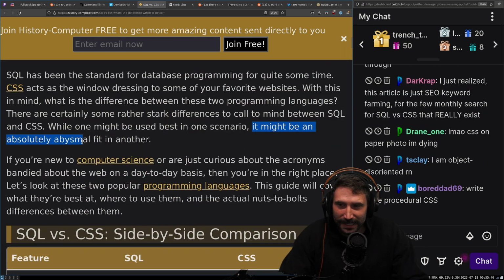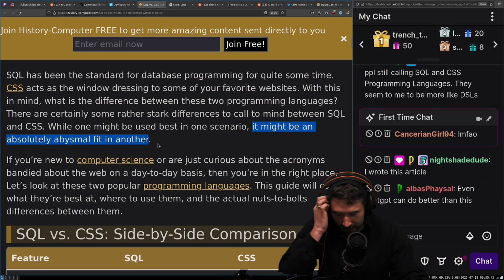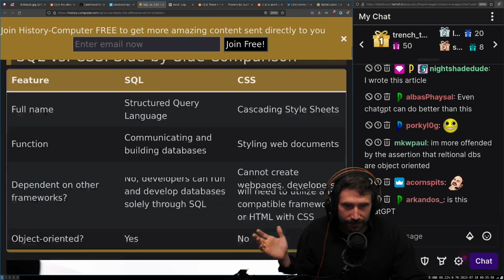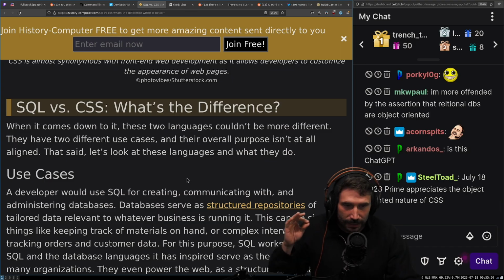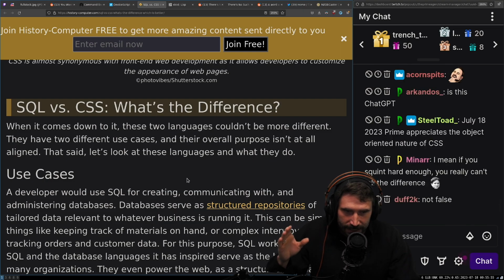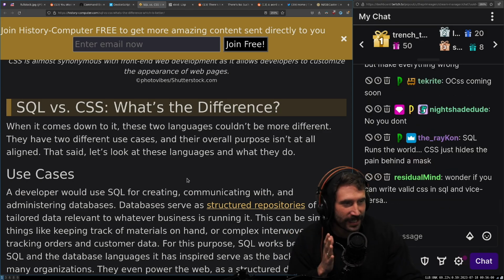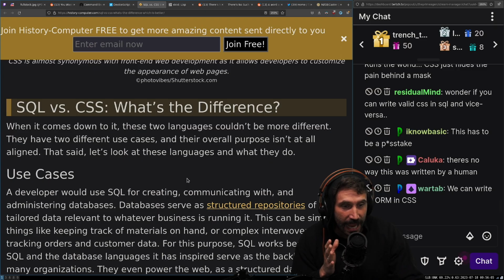It might be an abysmal fit in the other. I really, really want an SQL to CSS compiler. I really want this. I don't know why, but I feel like there's something there. Select div where parent is some CSS selector. Think about it. This is actually possible.